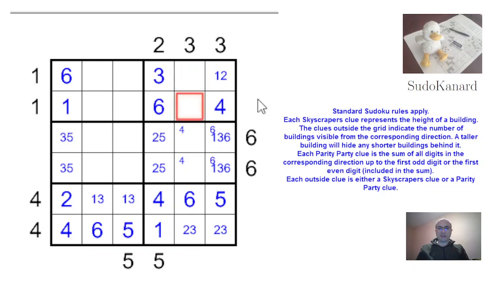But skyscrapers can still happen with a 5 here, 1, 2 here, in which case this is 5, this is 4, this is 5. That's a 2-3 pair.